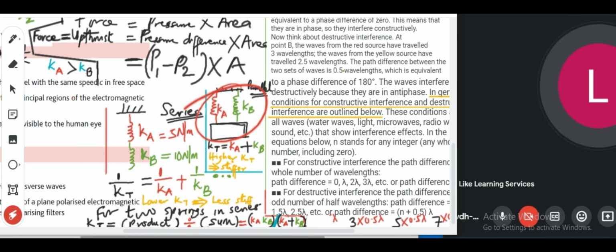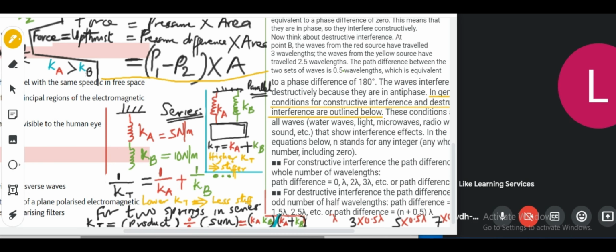But for parallel, the total spring constant Kt is just the sum of the individual spring constants, and that will make it stiffer. So when they are arranged across each other, which is parallel, it will produce a stiffer system.